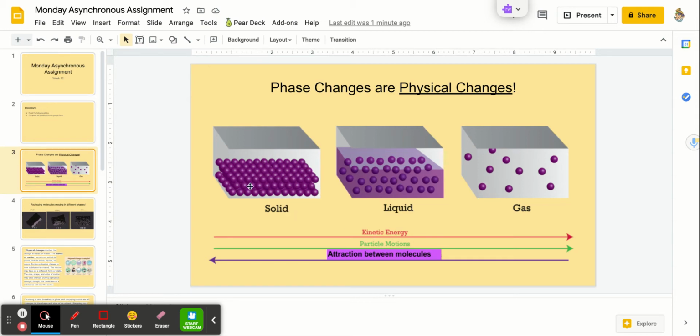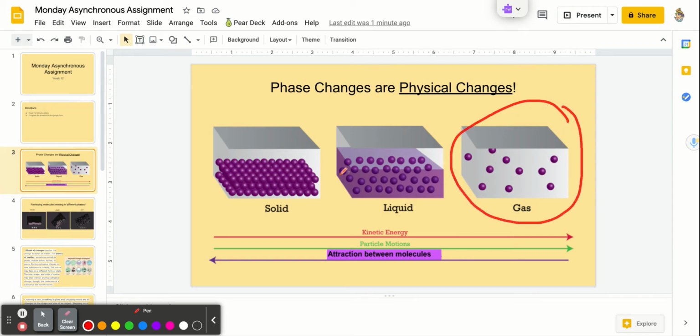And we know that gases, I'll get my pen here. So gases have high kinetic energy, while solids have very low kinetic energy. So as we read this little diagram here, you notice that the arrow is pointing in this direction. So as you go from a solid to a gas, the energy is increasing.